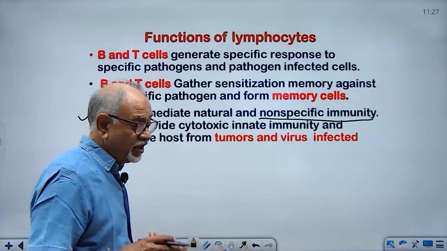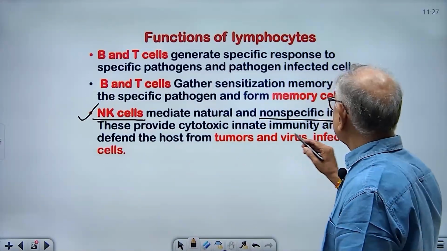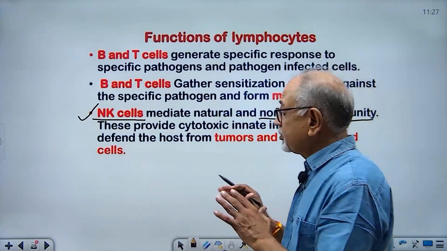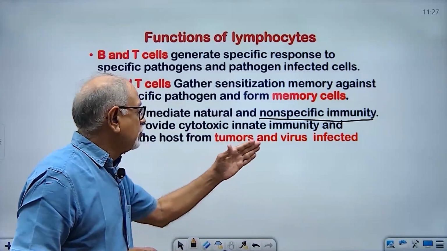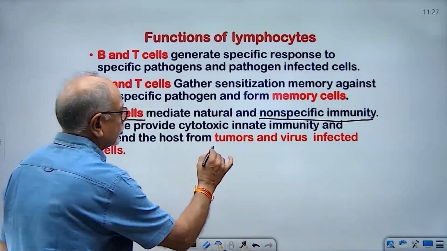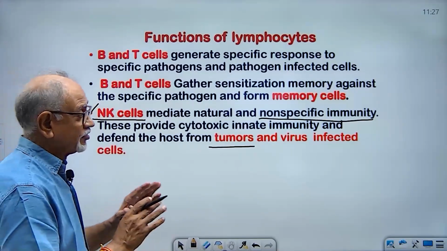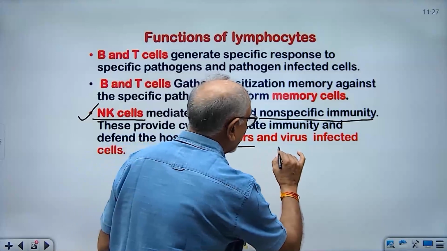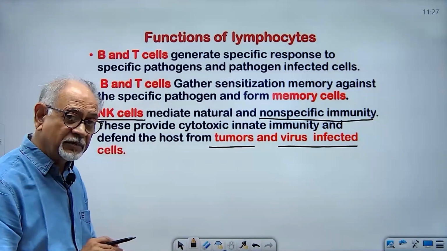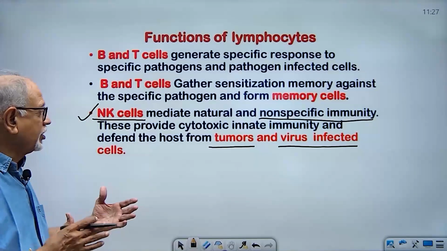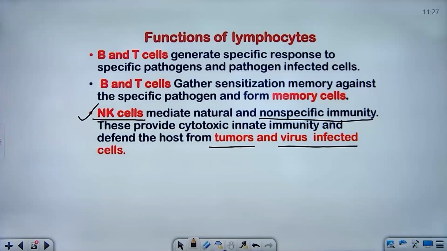When we say innate immunity, it means since birth. And they defend the host from tumors, tumoric cells which are to be destroyed, and the cells which are infected by virus, they are to be destroyed. So, they are identified and then destroyed with the help of natural killer cells.